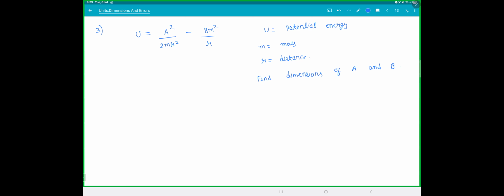How we got the formula? Don't worry, it is given. So in this formula, potential energy is given by A square by 2mr square minus bm square by r. U is energy, M is mass, R is distance. So what are the dimensions of A and B? Think how will you proceed with this?